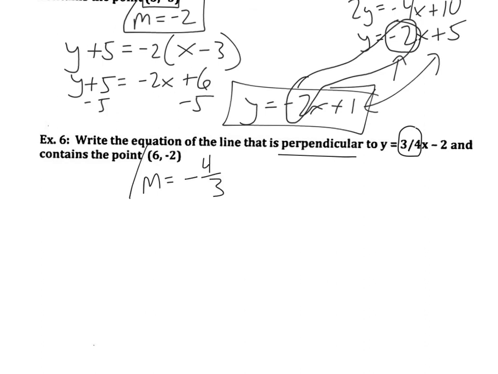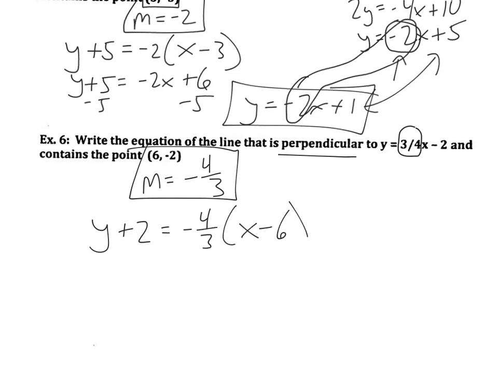So I'm going to use that point and that slope and use point-slope form. So y plus 2 equals the slope, and then x minus 6. Y plus 2 equals -4/3 x. Now let's multiply -4/3 and -6 together. That becomes a positive. And then 4 times 6 is 24, divided by 3 is 8. And then subtract 2.